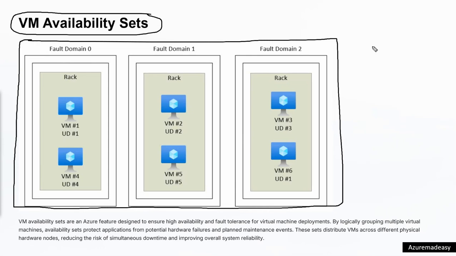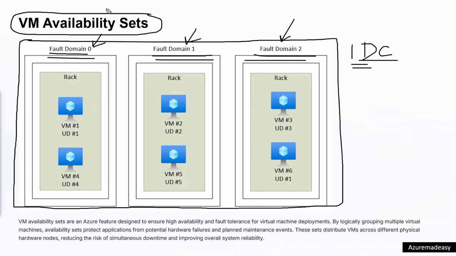See, let's suppose this is one data center. Inside the data center, we have different racks of power. This box has a different power supply, this box has a different power supply, everyone has a different power supply.